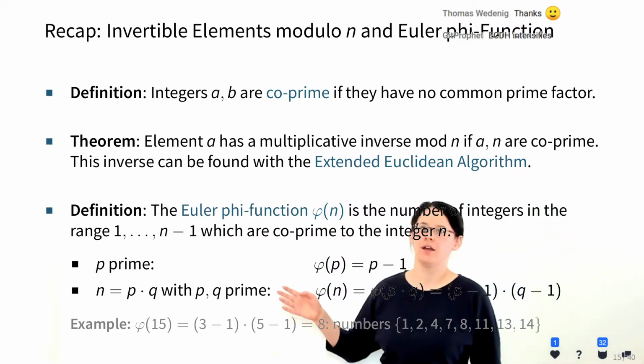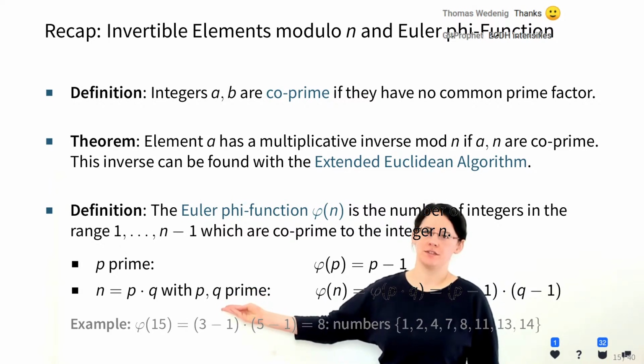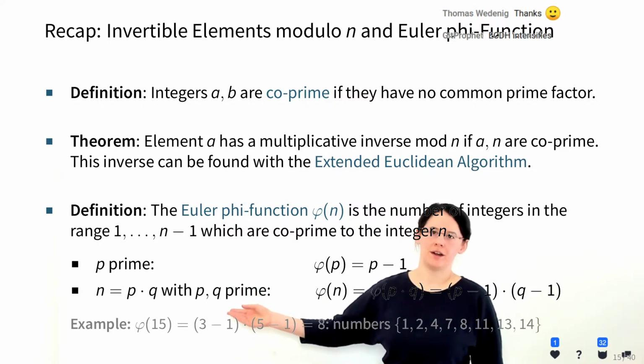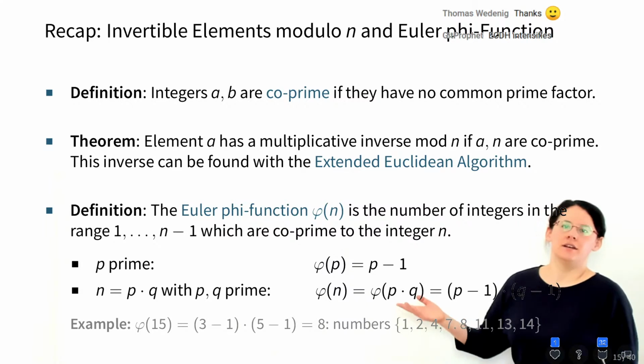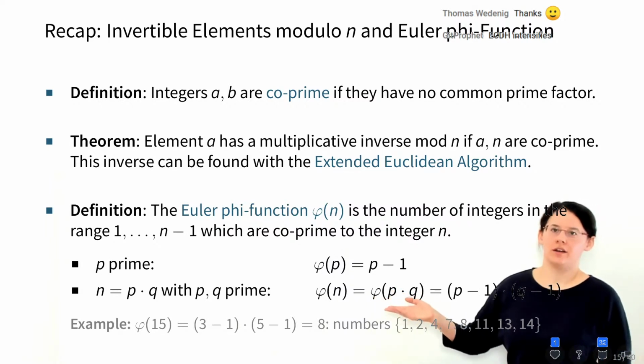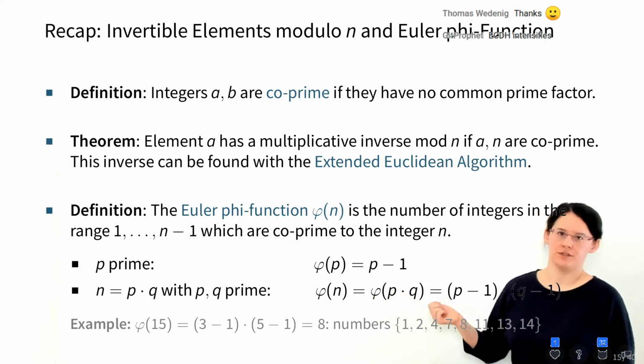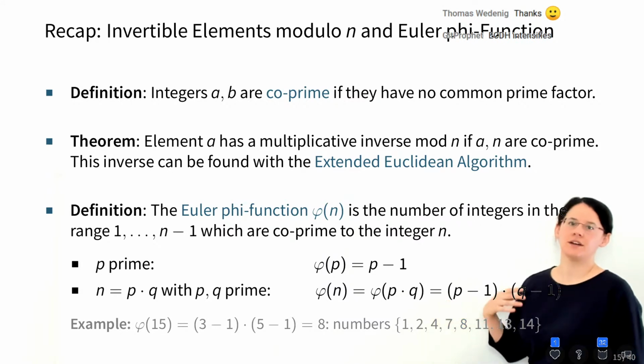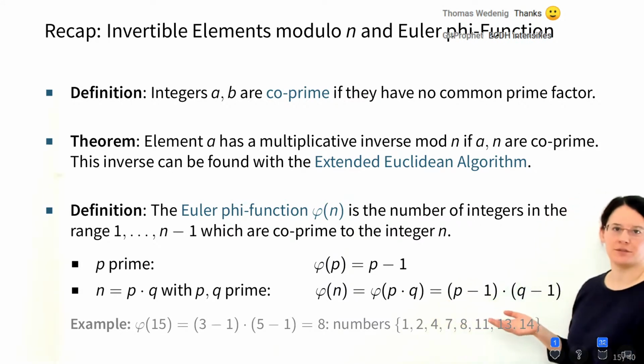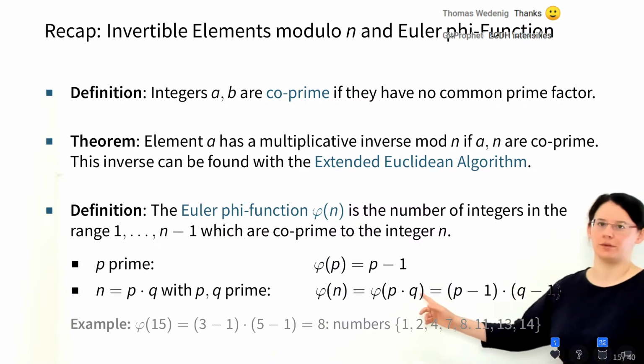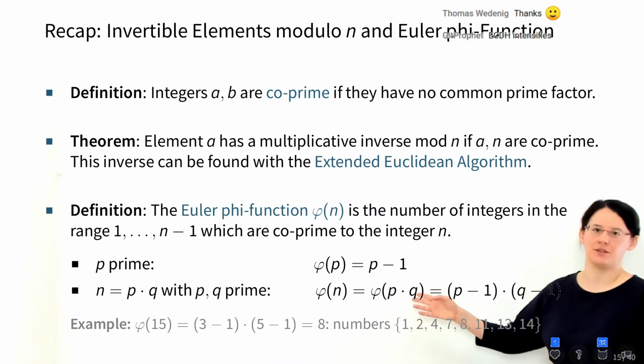And you can think for yourself what happens if you multiply more numbers. For example, if you have an n which is the product of 2 prime numbers, then what will the Euler phi function give us as a result? The result is going to be p minus 1 times q minus 1. Which numbers have a common prime factor with p times q?